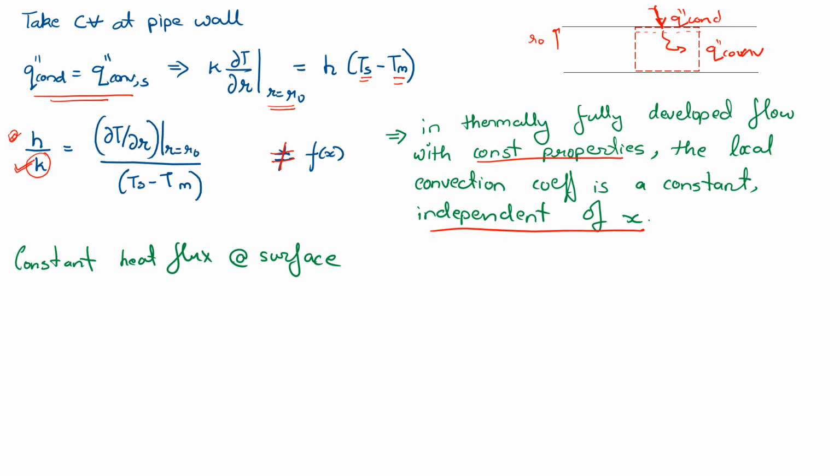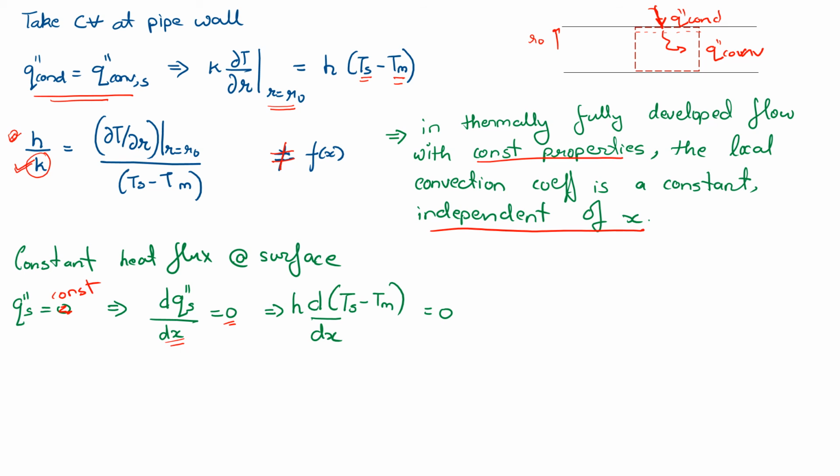So let's look at our first boundary condition, which is the constant heat flux. If we have a constant heat flux at the surface, this means that our qs will be not 0 but a constant. If I differentiate it with respect to x, it will give me 0.